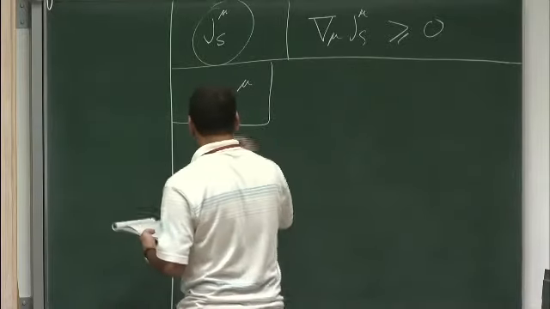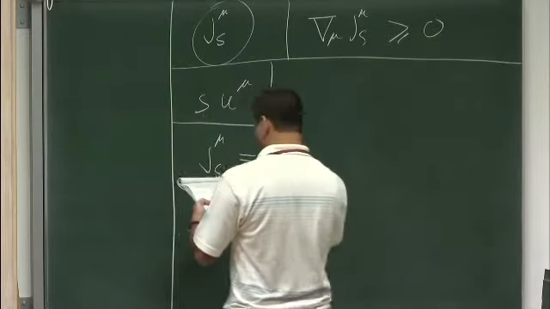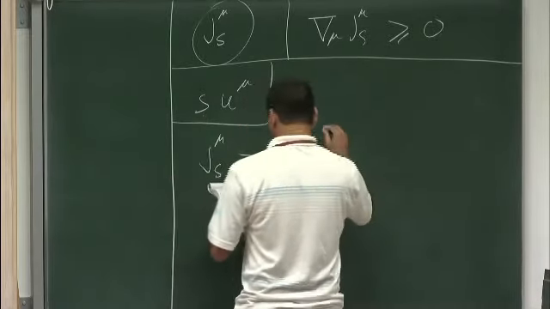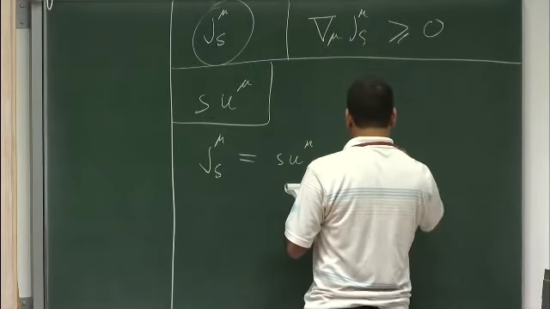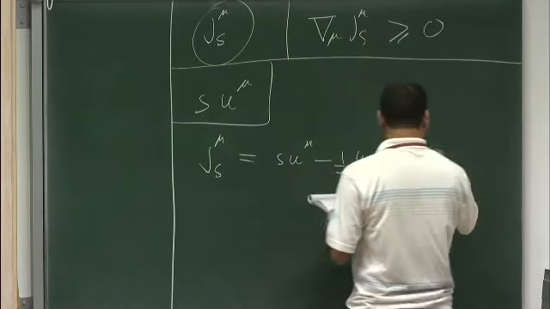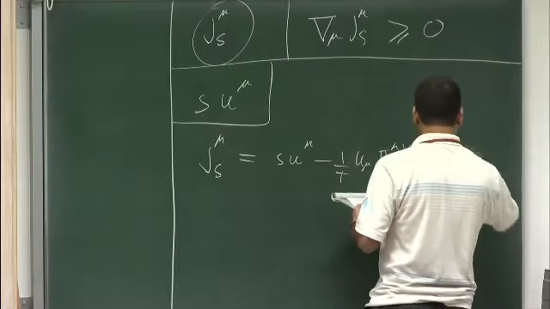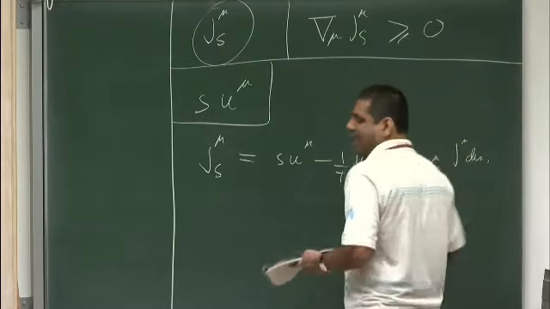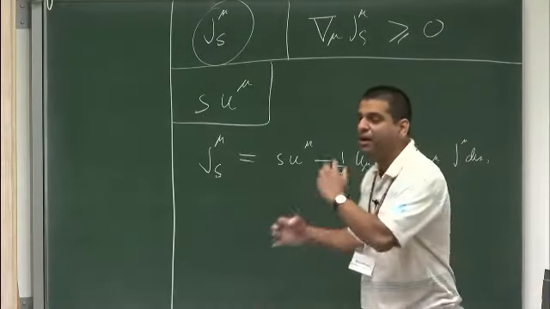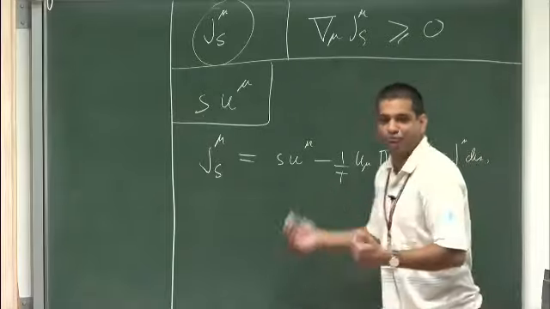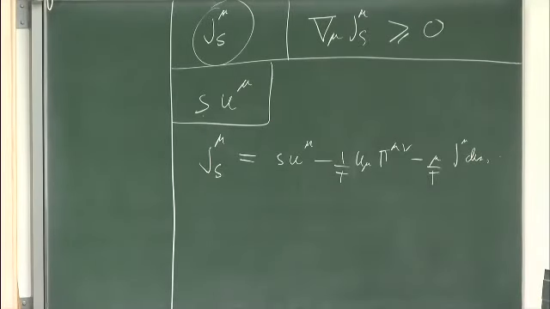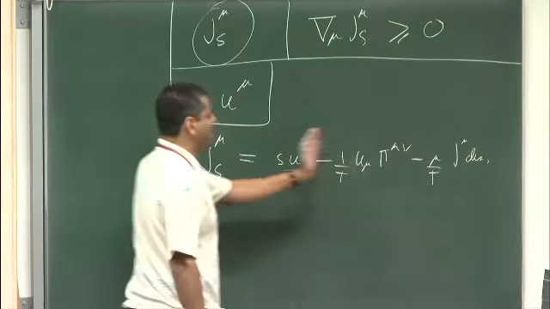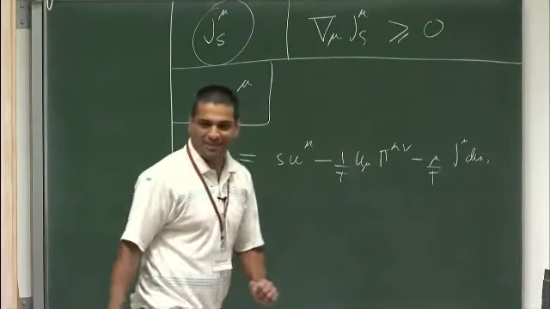Their suggestion was that at first order, J^μ_s should be s times u^μ minus 1/T times u_ν π^μν minus μ/T times J^μ_diss. Actually, they give a suggestion in a particular frame, namely the Landau frame, but we've taken this expression and made it gauge invariant, frame invariant. This is the frame invariant version of their suggestion.